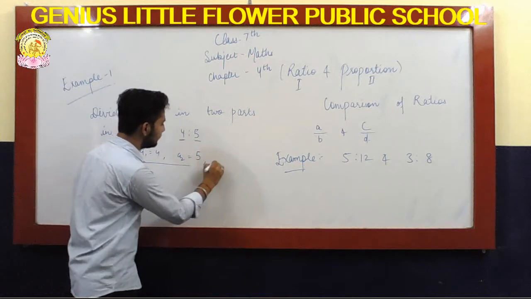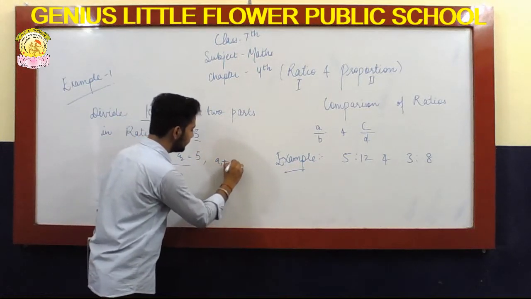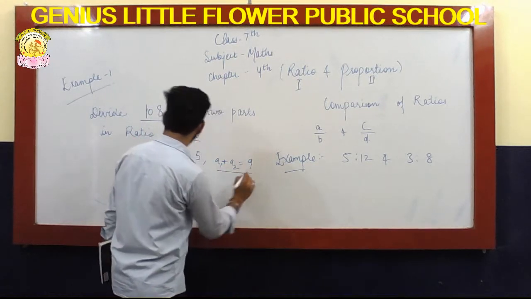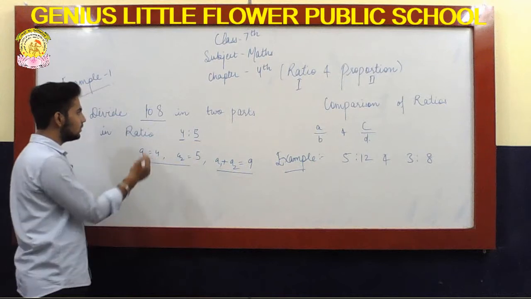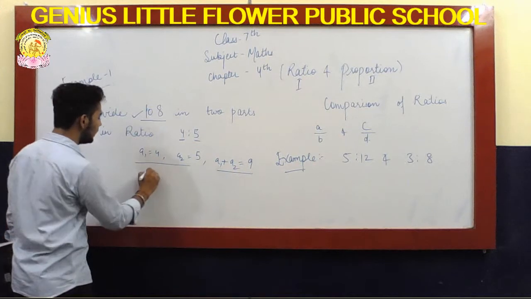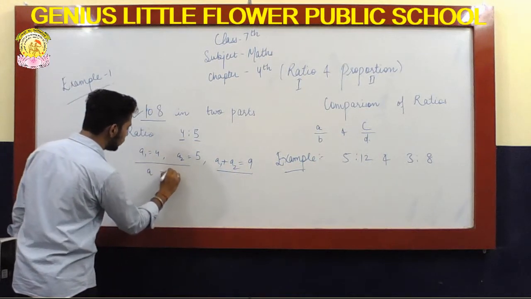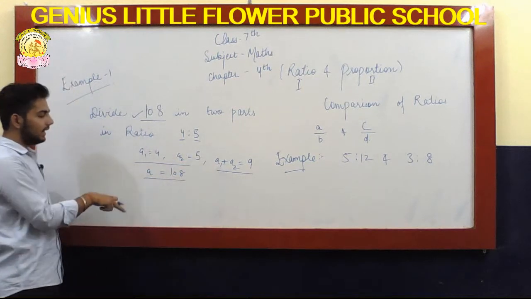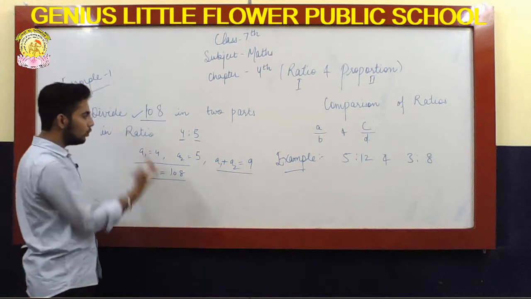What is the sum here? A1 plus A2 gives you 9. The next data is 108, so let A be equal to 108, the number given to you.